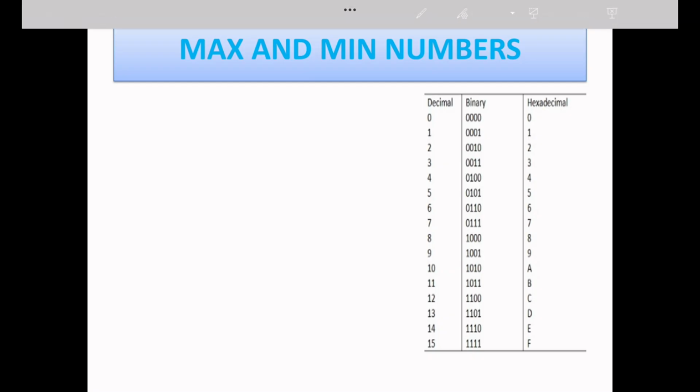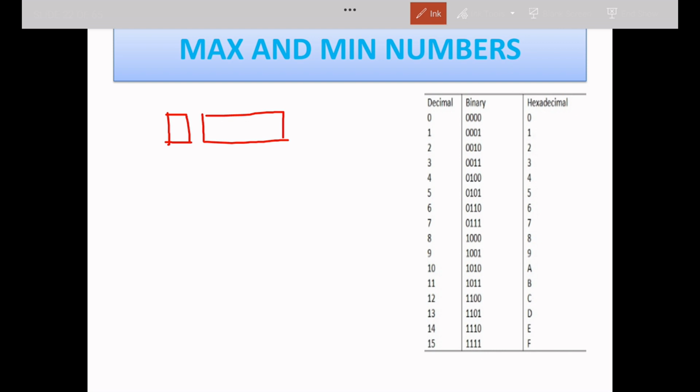Here he is asking what 1011 is. The 1 means negative. I already told you that in 4 bits the first bit represents the sign and the remaining 3 bits represent the magnitude.